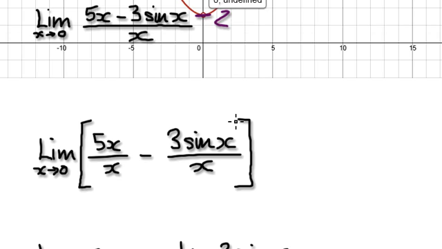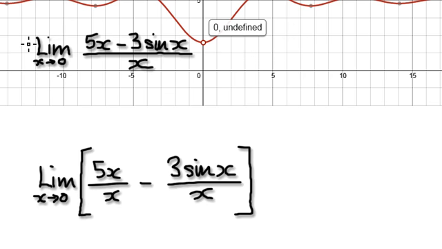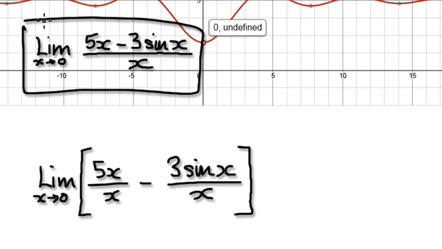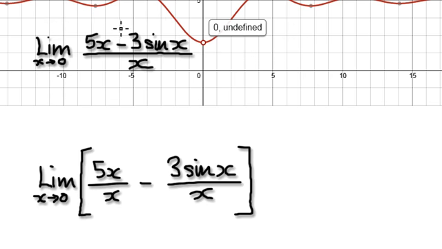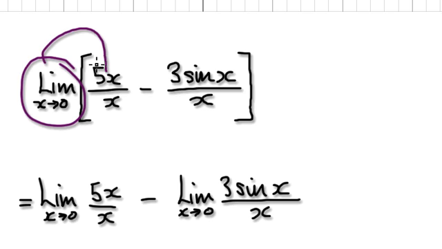Let me just point out something. We started out with this here, and then we broke up this fraction into two separate fractions, and then we used this limit to jump into this here.